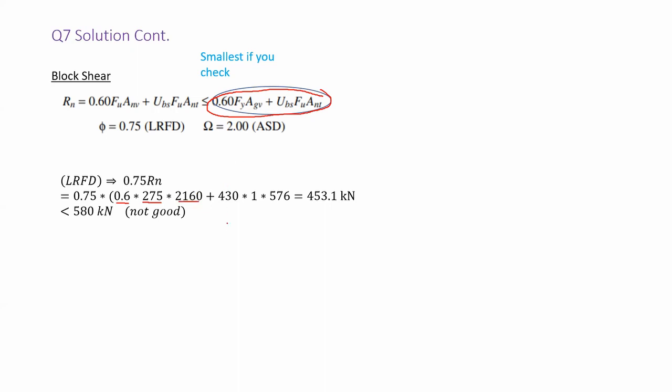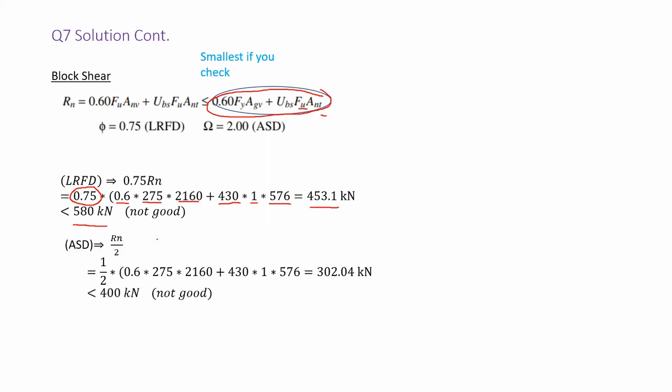We have AGV, gross shear area. We have 430 for FU, UBS, again I take it 1, and 576 for the net area in tension, this one. And lastly multiply by 0.75 because of LRFD reduction factor. You would get 453 kilonewtons as a capacity for the block shear. But this is less than what we need, 580 kilonewtons. So this is not good.